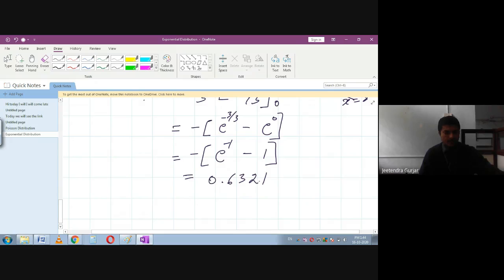So this is how you have to simplify, and we get the answer as the probability of the exponential distribution. So please remember this students, very very important.